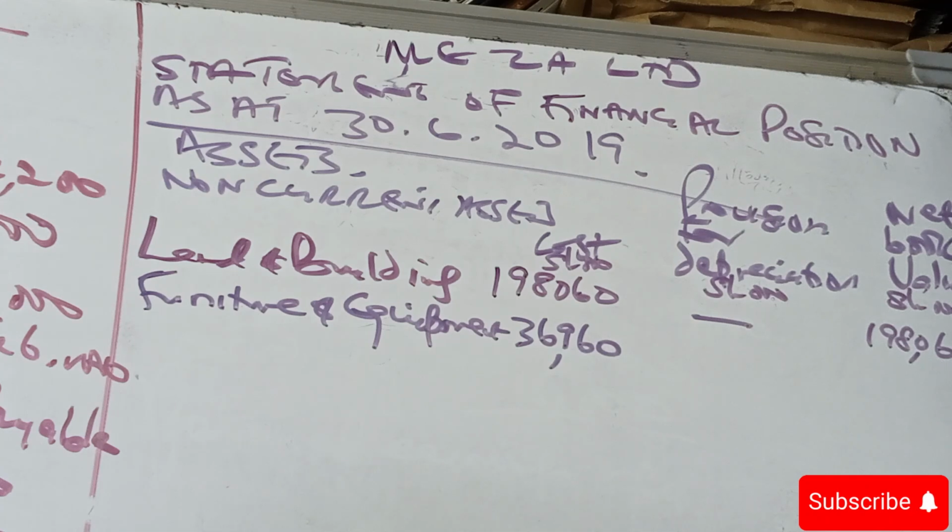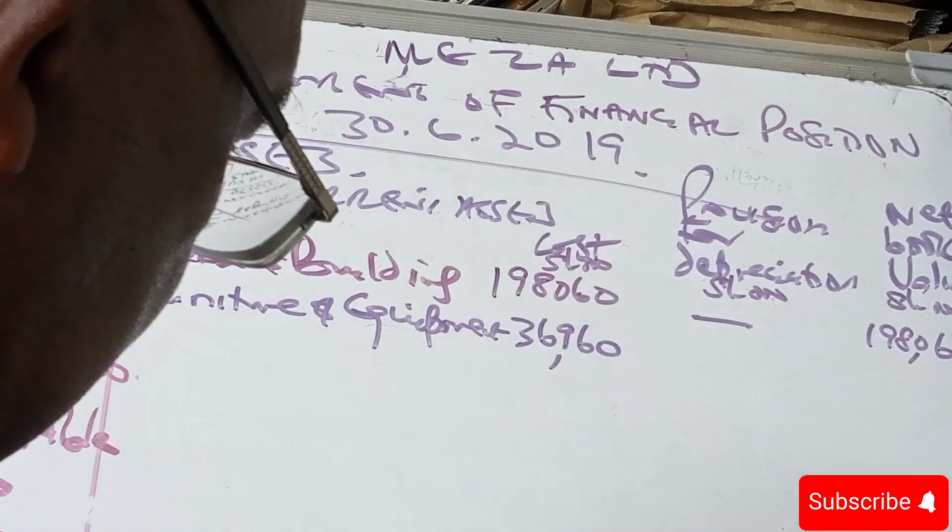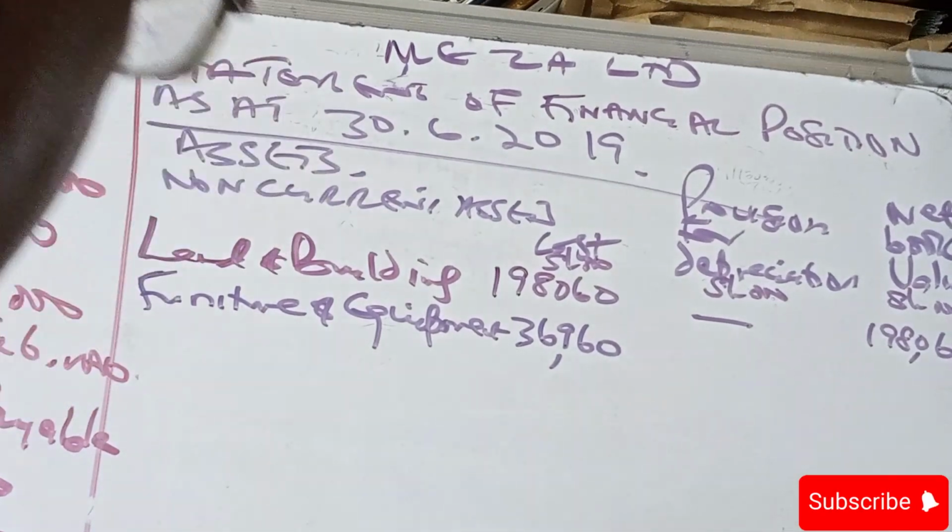So you subtract the two to get the accumulated depreciation at the beginning of the year, which was 25,800.